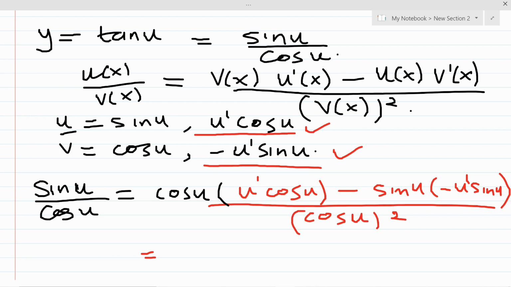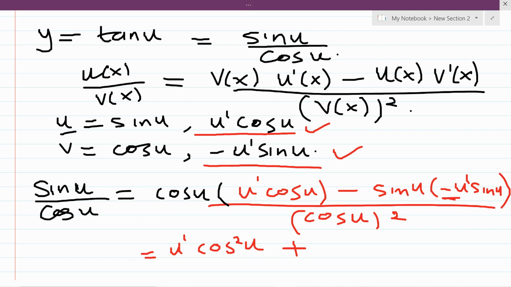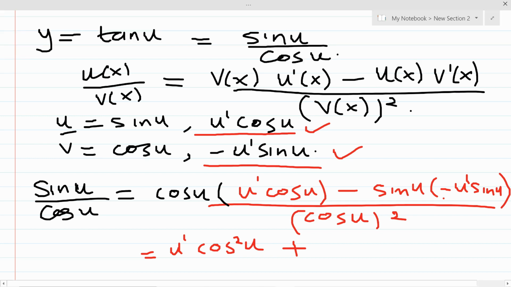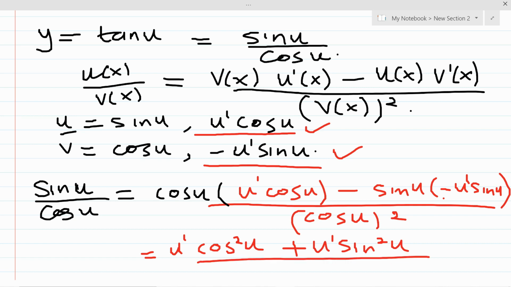When I multiply through, I get u prime out, then cos squared of u, plus, because there's a negative inside here, that negative sign, so it becomes plus, then sine u times u prime sine u becomes u prime sine squared of u, all over cos u all squared.